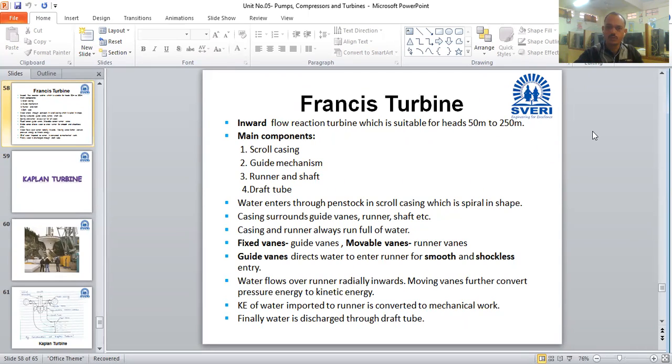And when the water leaves, due to the impulse force, again a force is applied. So two types of forces are there. This turbine works on reaction force as well as impulse force. So this is a mixed type flow turbine.